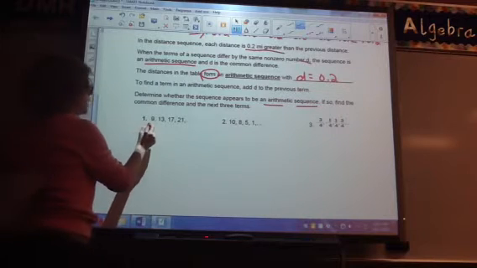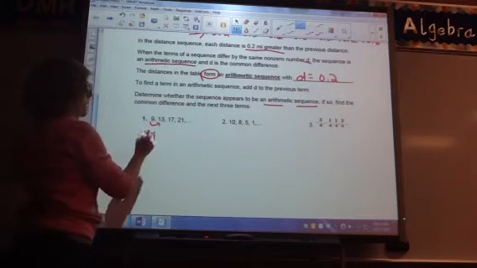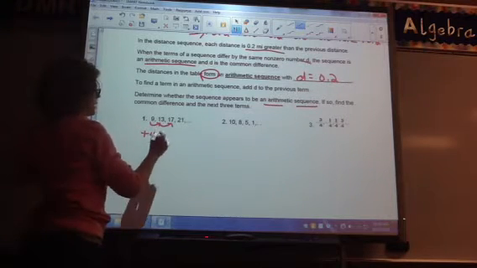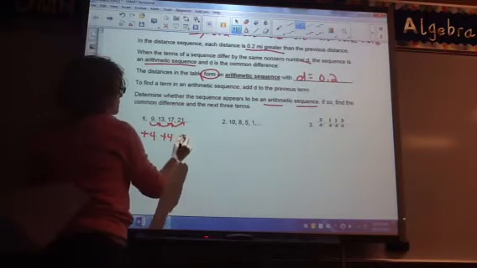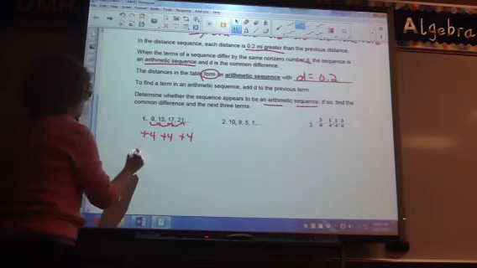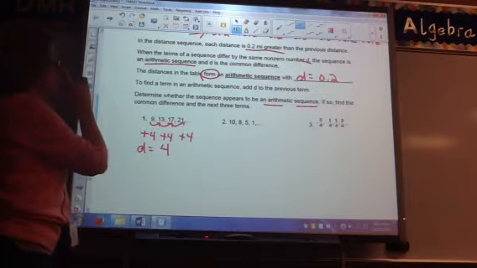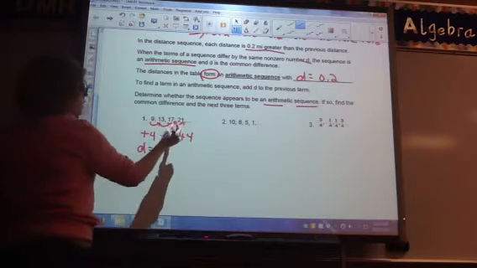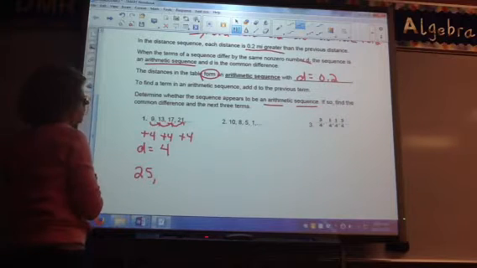So how do we get from 9 to 13? Well, add 4. How do we get from 13 to 17? Add 4. 17 to 21, add 4. So d is 4, since it's an arithmetic sequence, you're adding 4. We need to list the next three terms. 21 plus 4 is 25.